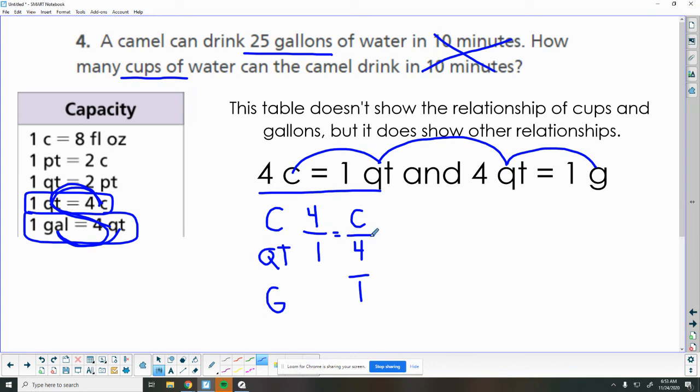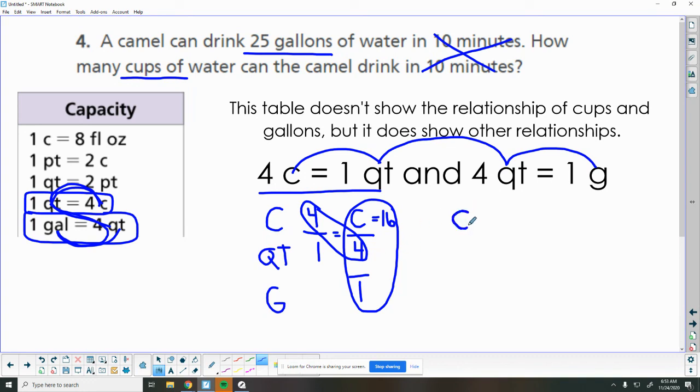The opposite of divide by 4 is to times by 4. So 4 times 4 is 16. Divided by 1 is still 16. So that means there are 16, these all match up in this column, 16 cups, 4 quarts, 1 gallon are all the exact same amount.